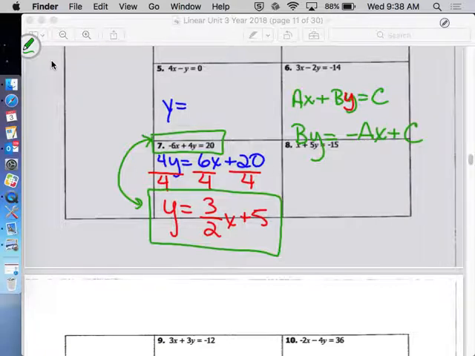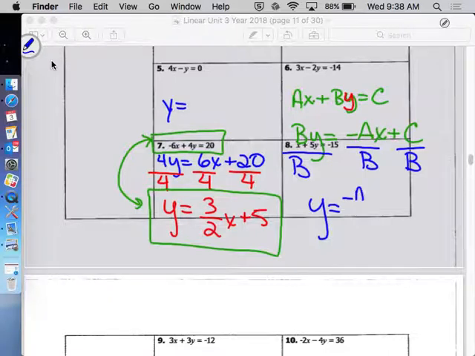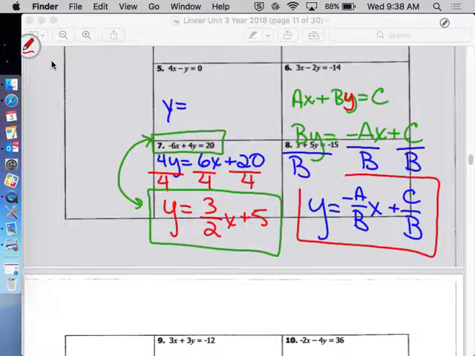And then isolating y means I need to divide each term by b, by the coefficient on y. Which means that to take the formula representation in standard form and look at it in slope-intercept form, then I can match up the slope and the y-intercept.